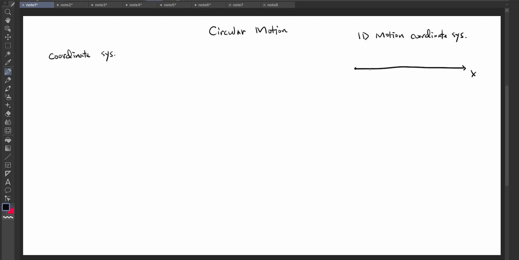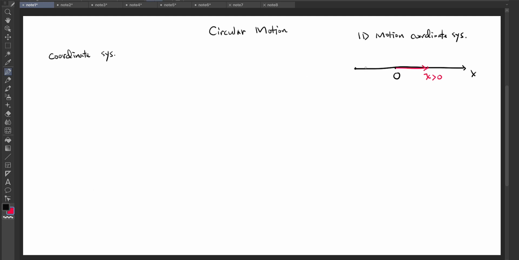Now we know that we need an origin. Let's say the origin is here, and if an object is to the right side of this origin, then this position is positive. And if we draw the direction of the position vector, then it will be pointing to the right.